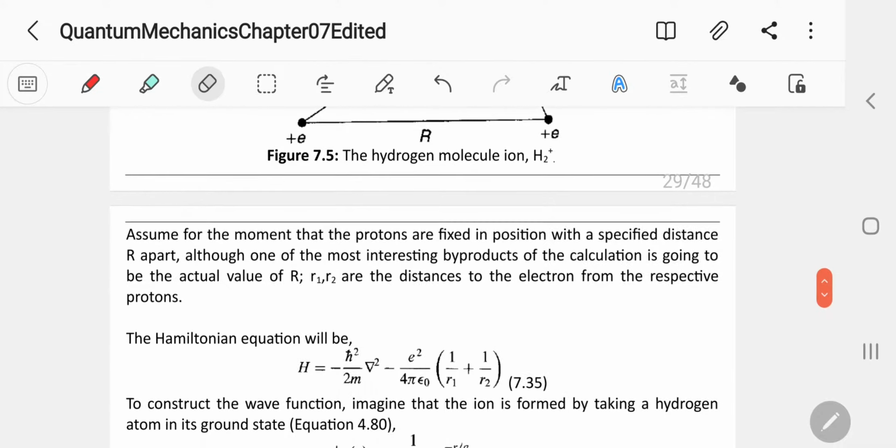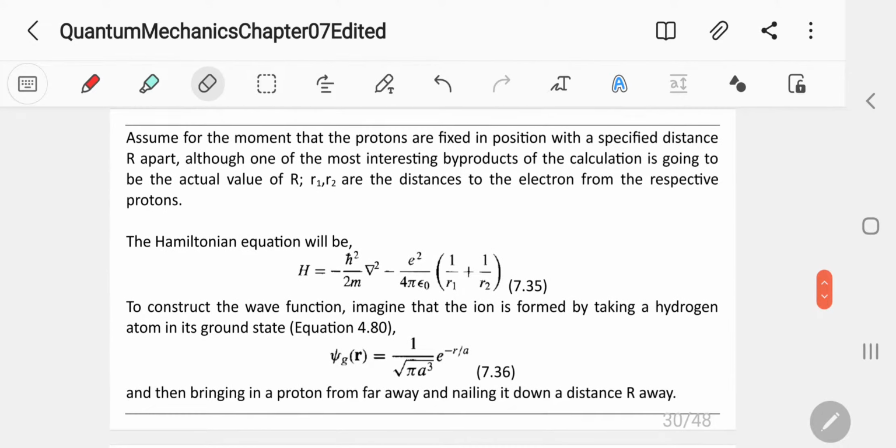So we proceed. Interestingly, one of the byproducts of this calculation is the actual value of R, which is the separation distance between the two protons.